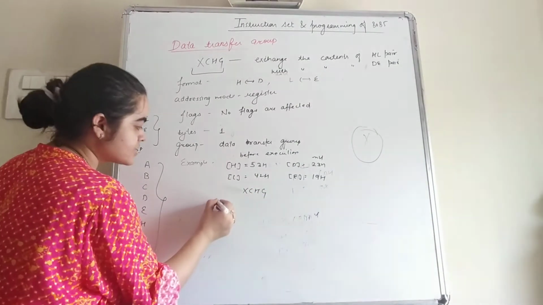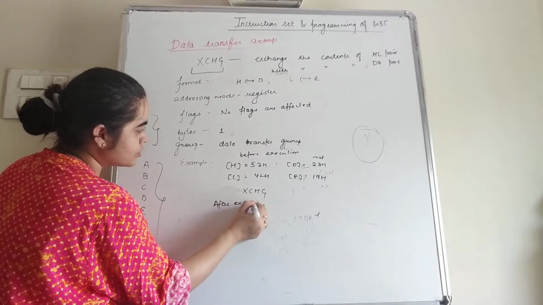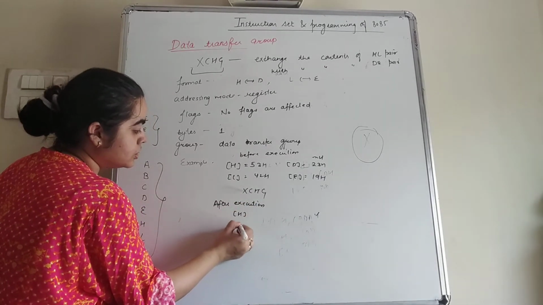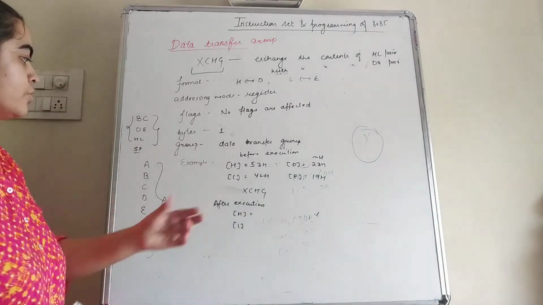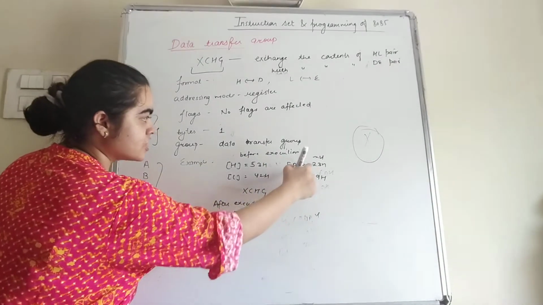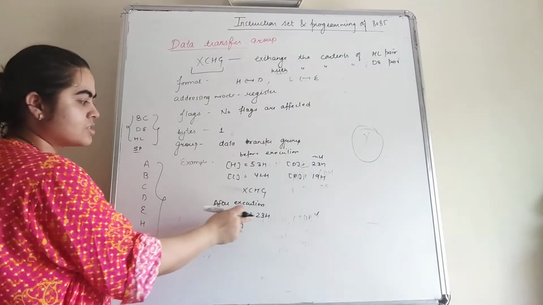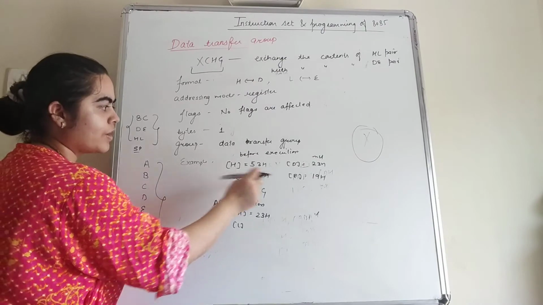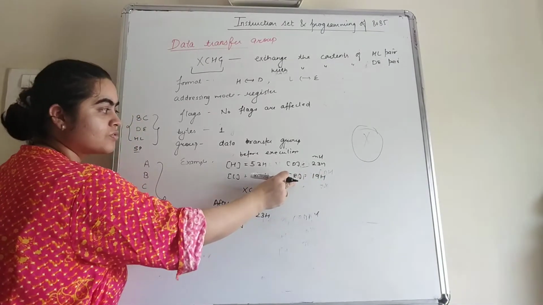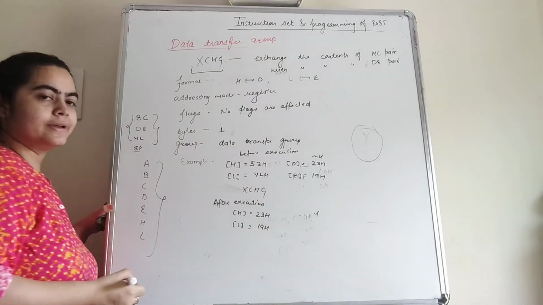After execution, the new values in H and L are: the value of H will be replaced with the value of D, so the value of H is 23 now, and the value of L is the previous value of E. E has 19, so now the value of L is 19.